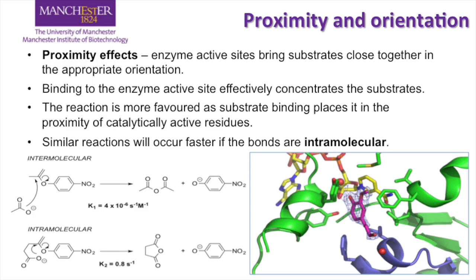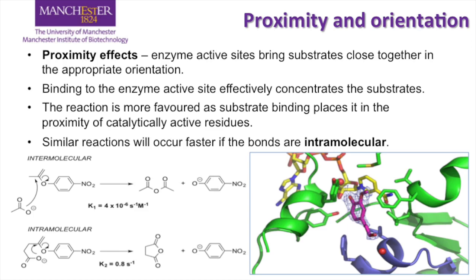Indeed, we also know that similar reactions will occur faster if the bonds are linked intramolecularly, as shown in the simple scheme on the lower left of this particular slide. Here we have two reaction sequences that are very similar.